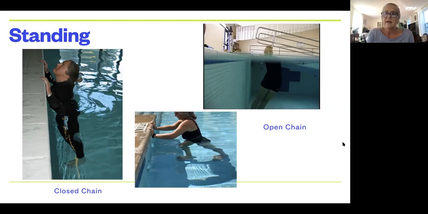So changing the angle of how the person stands in the water can greatly affect the range of motion, and with the extremities supported by buoyancy, you have a buoyancy supported movement, much easier to attain and work on active movements, whereas something like that on land would be very difficult for a lot of our clients.